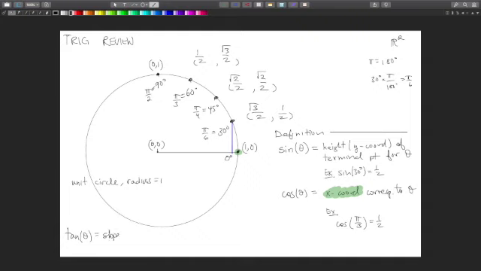It's just the slope between the origin and the terminal point corresponding to theta. Terminal points are one of the dots, so I'm going to make them green.